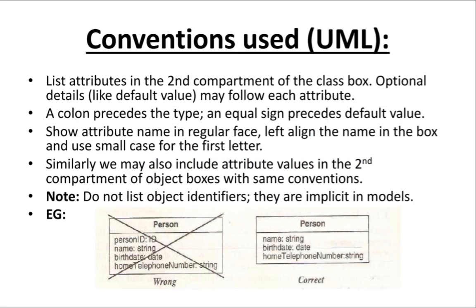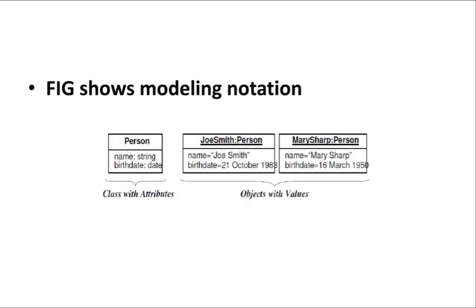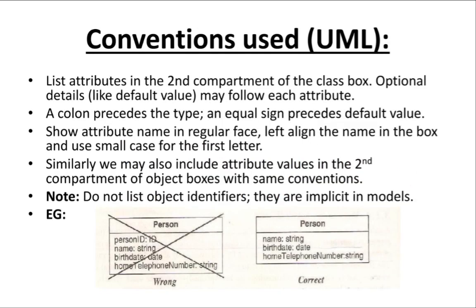Also, optional details like a default value may follow each attribute. Here I didn't specify any default values, but if you want, you can. Suppose the birth date of Mary Sharp is not there, you can specify what the default value should be if the value is empty.